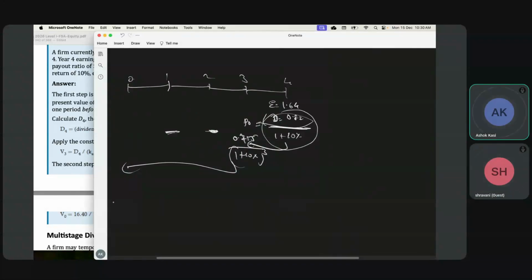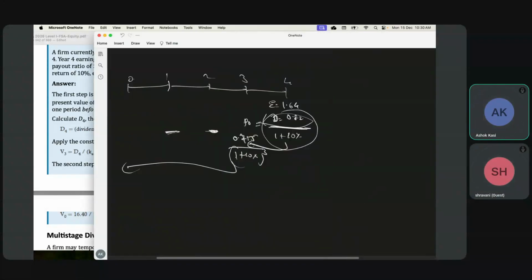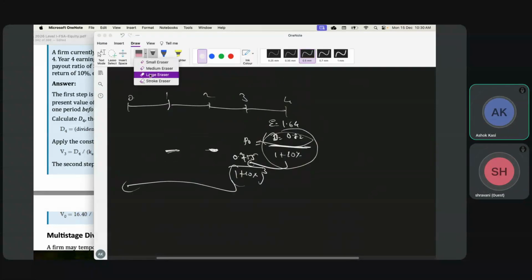It's not matching. The answer is 12.32. See, this is Gordon growth, no? So I have not done this properly. Incorrect.